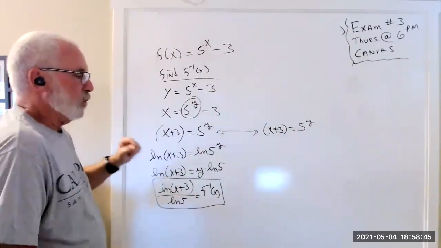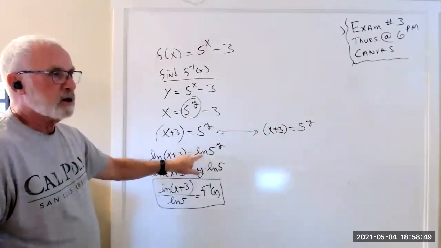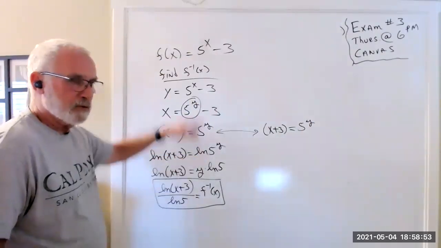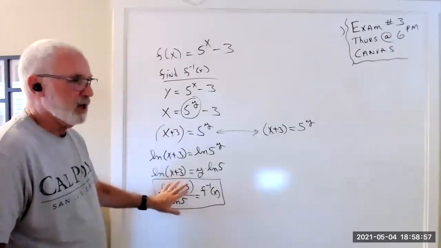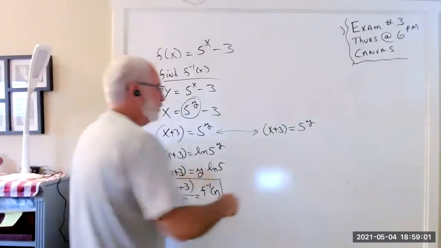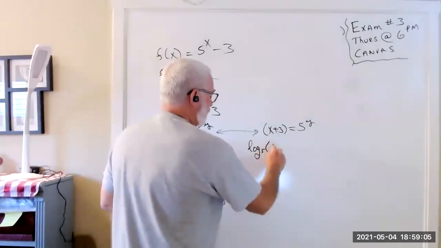What I said when we introduced taking the ln of both sides is this is generally the most used method for solving these. That doesn't mean it's the best method. And what I said was some people would take the log base 5 of both sides.